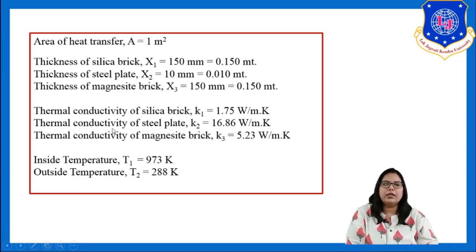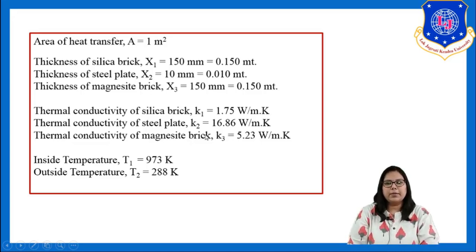Thermal conductivity of all the materials were given. Thermal conductivity of silica brick K1 is 1.75 watt per meter Kelvin. Thermal conductivity of steel plate K2 is 16.86 watt per meter Kelvin. Thermal conductivity of magnesite brick K3 is equal to 5.23 watt per meter Kelvin.